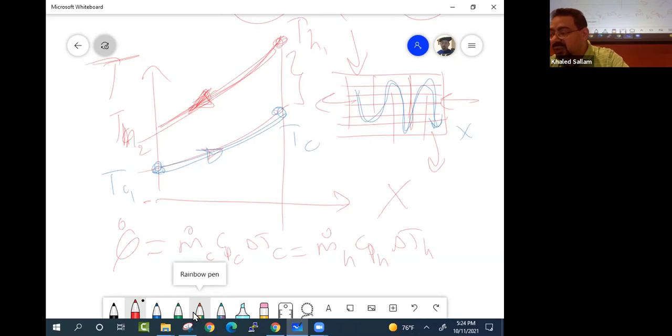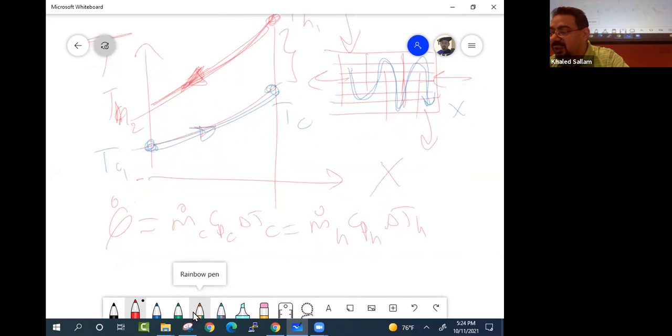But the third equation that we need to write is the heat transfer equation, which says that this m dot, and what's the unit of m dot, by the way?